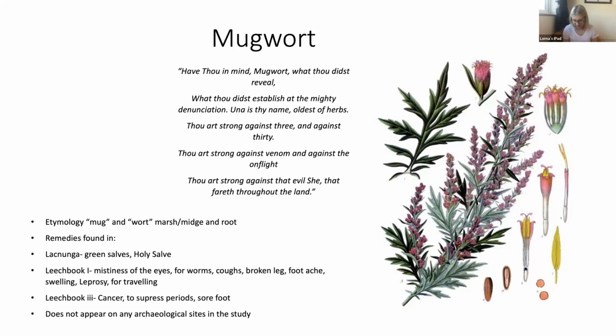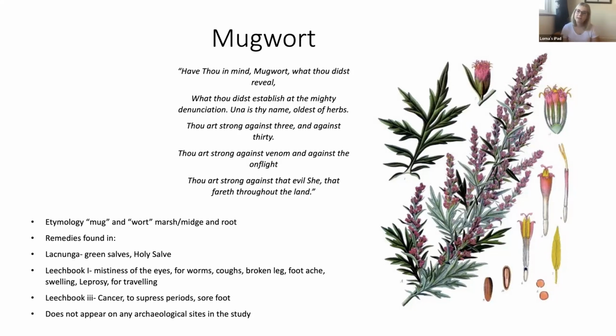It can be used as an essential oil, and it apparently has effects on blood pressure, and can be used as antifungal and antioxidant. As well as the 9 herb charm, it is used in a couple of salves from the Lacnunga. In the Leech Book, it's used for mistiness of the eyes, for worms and footache and swelling and travelling. And in Leech Book 3, it's used for, again, sore feet.